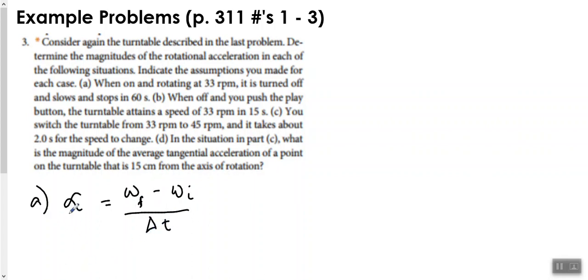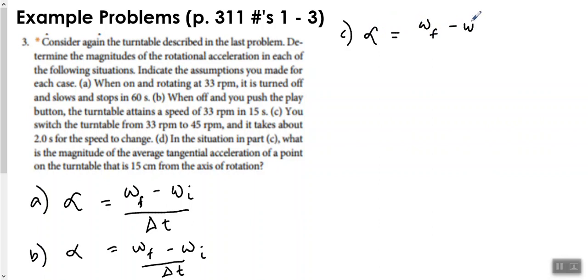Same thing for B. Those are the same equation you're going to use, and the same equations for letter C as well. However, for letter D, it's going to be different. You're going to be using the tangential acceleration formula. So your acceleration tangentially would be radius times the angular acceleration.